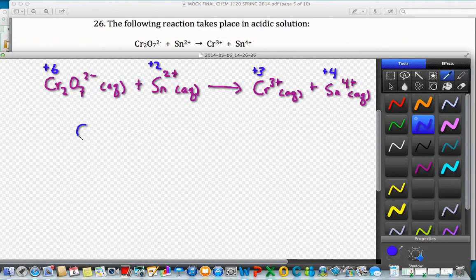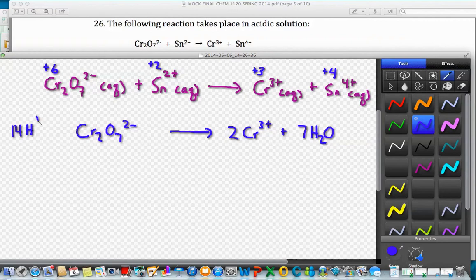So let's look at the reduction. Cr2O7 2-. I need 2 chromiums to balance. I'm going to use water to balance the oxygens. Now I need 14 H pluses.